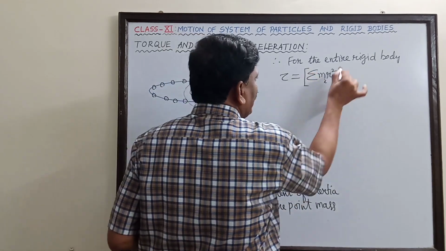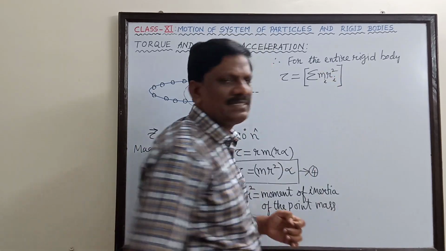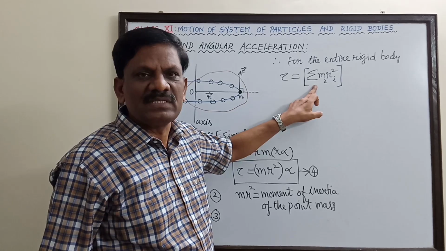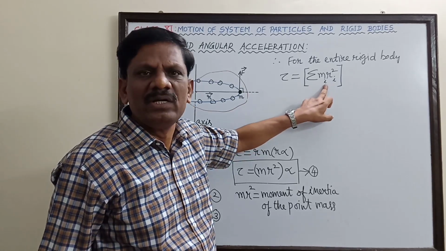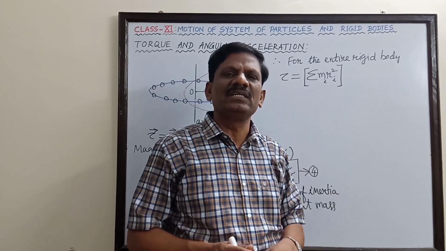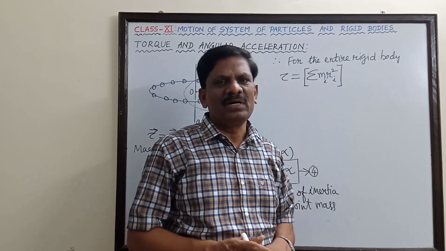This bracketed quantity m_i r_i square with the sigma is a summing up of n number of terms, starting from i equal to 1 to the nth particle. Understand? I am adding the moment of inertia, or the opposition offered by each and every particle present in the rigid body.